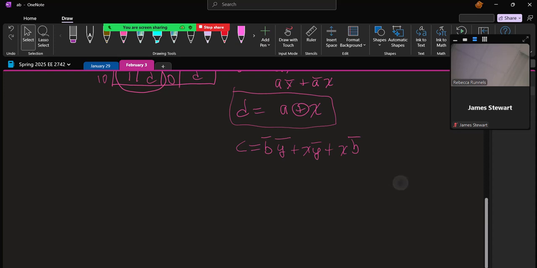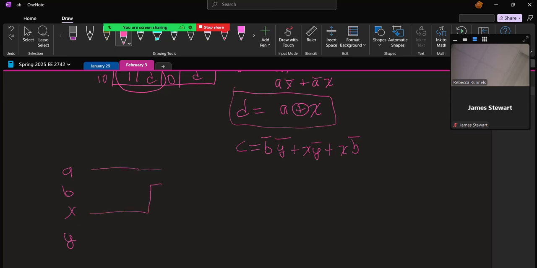Okay, so I have A, B, X, and Y. And I need A exclusive OR X. And that gives me C. And I need B bar ANDed with X. And I need X ANDed with Y bar.